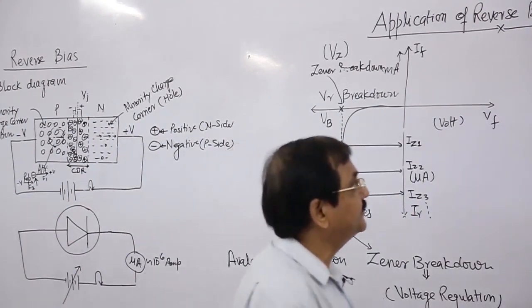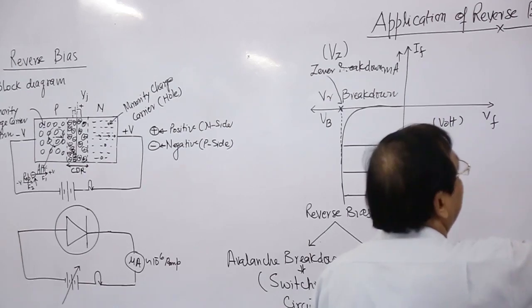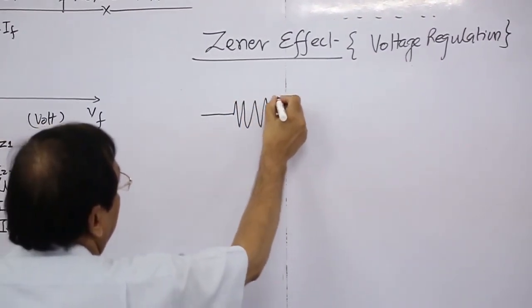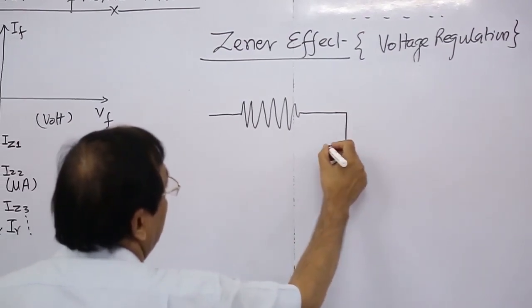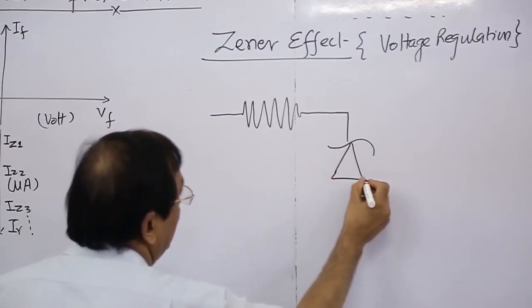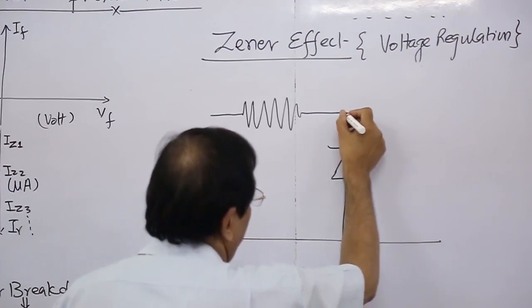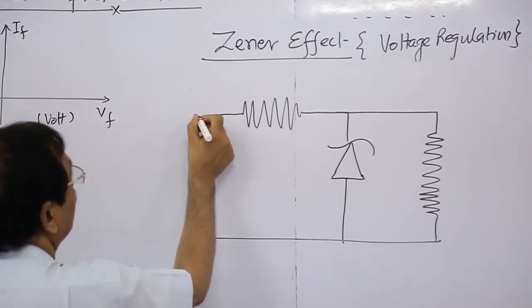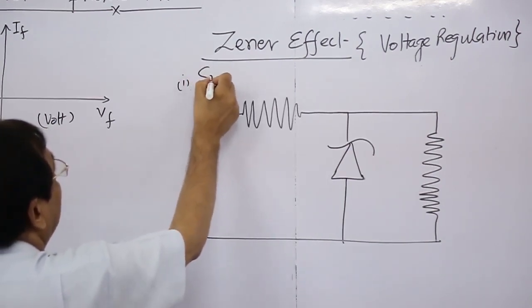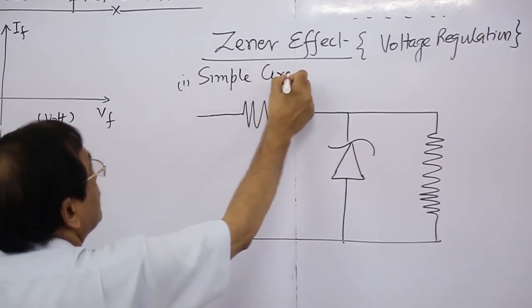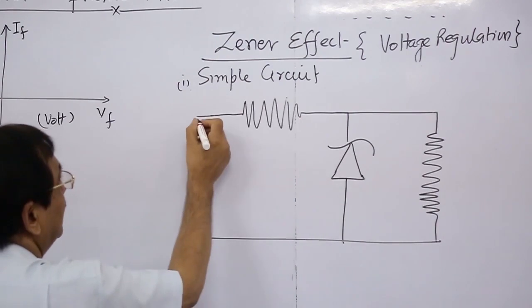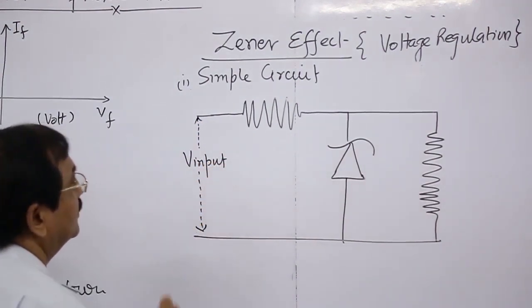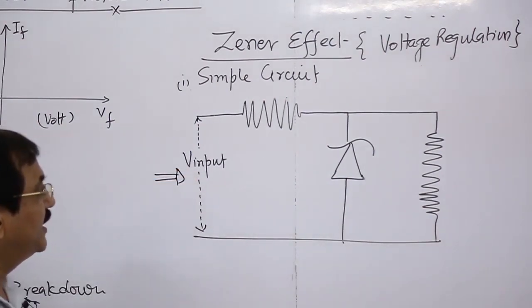Here is a simple circuit using a Zener. This end is V input, the input voltage applied over here.